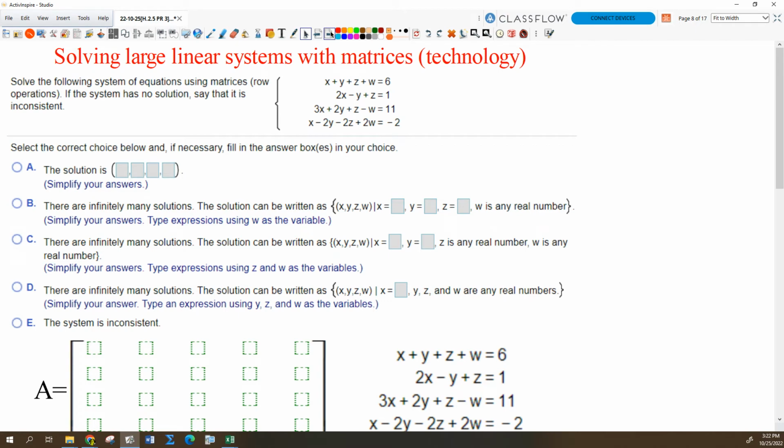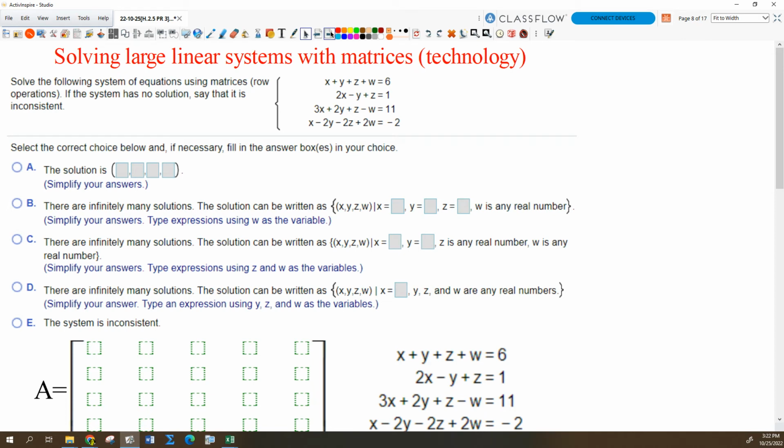But it doesn't mean you can't solve the system. It's no big deal to solve a 4x4 linear system. The solution is going to be meaningful to us because it's going to be the ordered quadruple, the values of x, y, z, and w that make each of those equations true. You don't have to think about this in terms of a graph.